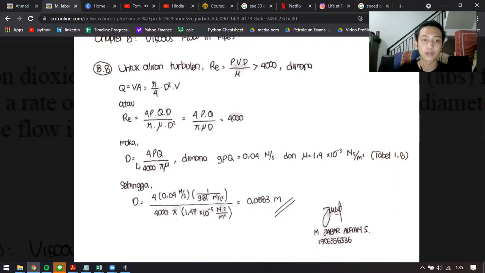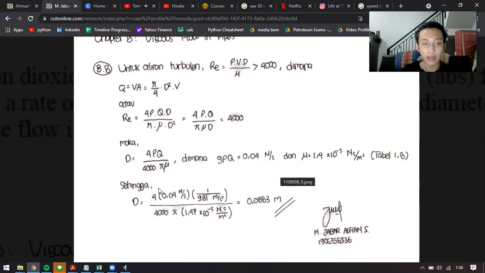Thus, diameter equals 4 times ρ times Q per 4,000 times ρ times kinematic viscosity, where ρ times Q equals 0.04 Newton per second, as we know from the problem. We also know that the viscosity is 1.47 times 10 to the power of minus 5 Newton second per meter squared. We can get this number from table 1.8 in the Munson book.